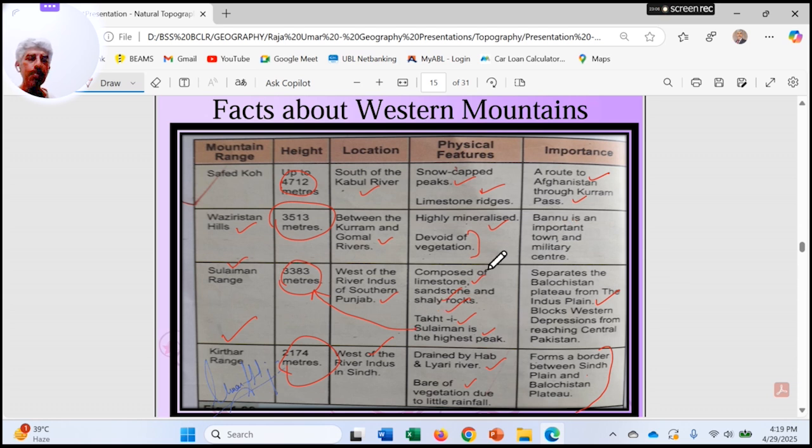As for lifestyle, the people rear goats and sheep over there, and semi-nomadic living is there. Some important centers are there: on the western side, it's Peshawar, Kohat, Bannu, Dera Ismail Khan, and Dera Ghazi Khan down in south for Suleiman Range. But the people of these areas, especially of Khyber Pakhtunkhwa, Safed Koh, Waziristan Hills, and Suleiman Range, have semi-nomadic living.